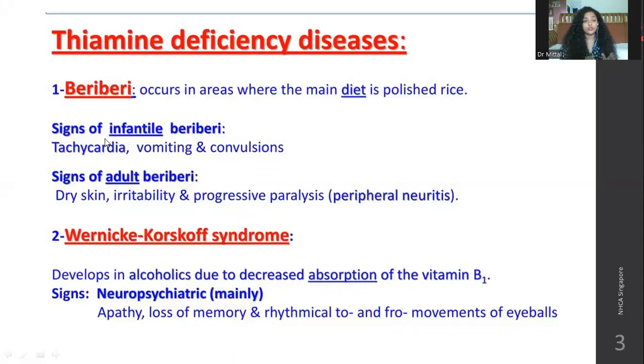So if the mother is undernourished, her breast milk is also deficient in vitamin B complex, and because of that the infant who is being breastfed will also suffer from beriberi.